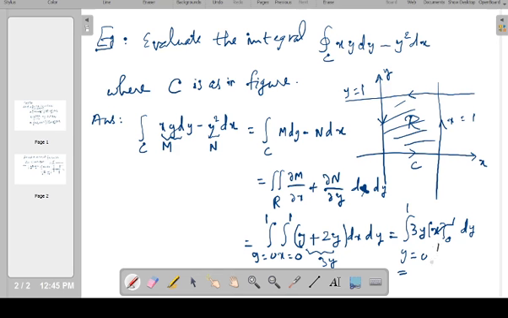So 3y dy, so 3 into y square by 2 between the limits 0 to 1. So this is precisely 3 by 2. So in just one step you are going to get the answer. That is the advantage of using Green's theorem. So here is the step where you have used Green's theorem. Okay, so this is method 1.